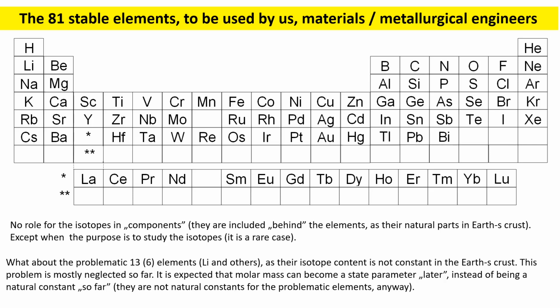But it's obvious that they are not constants of nature. At best, they are constants of the Earth crust. But for those 13 problematic elements, they are not constants for the Earth crust. But this is the situation today. So for the time being, what I can tell you is that isotopes are mostly neglected from consideration during the CALPHAD calculations.